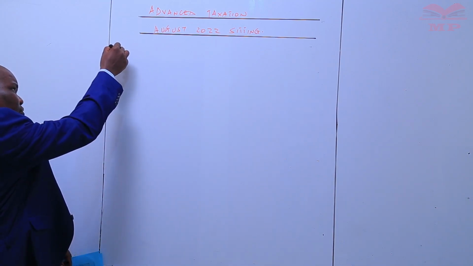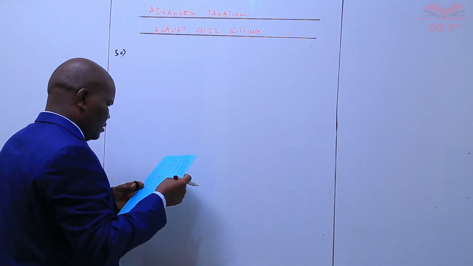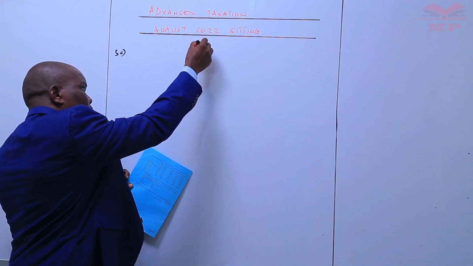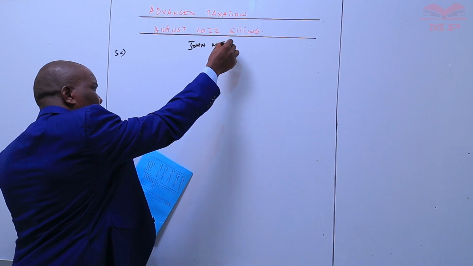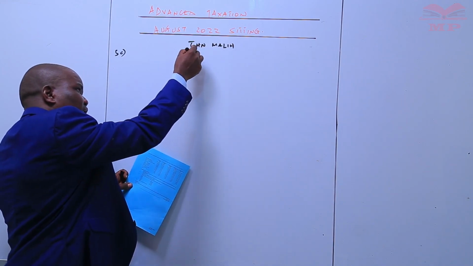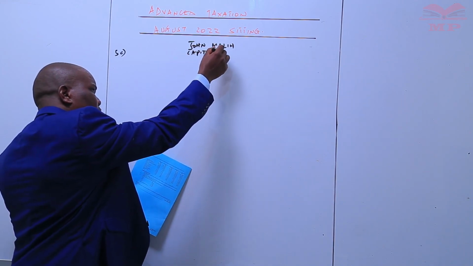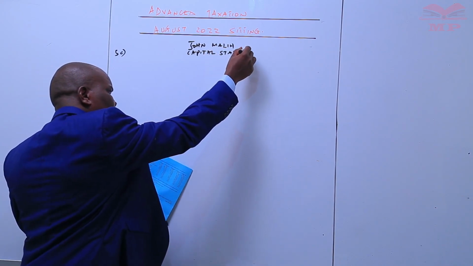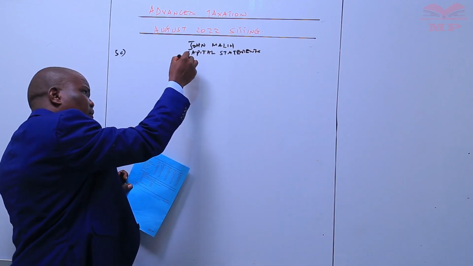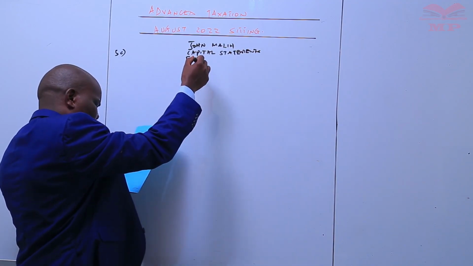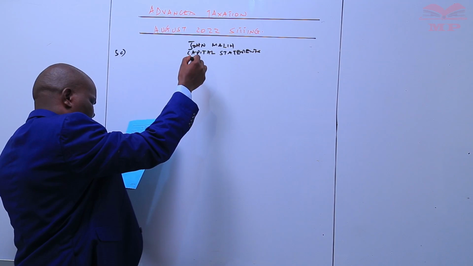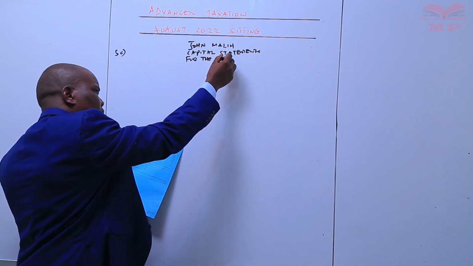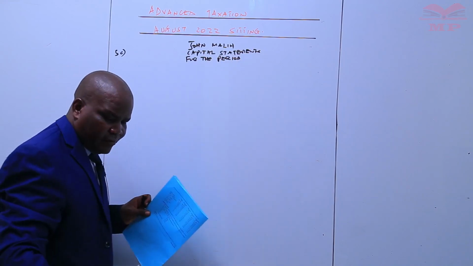So we are answering question 5C. The taxpayer in question is John Mali. So we write here John Mali. We are preparing capital statement for the period, or rather we can say for the year.